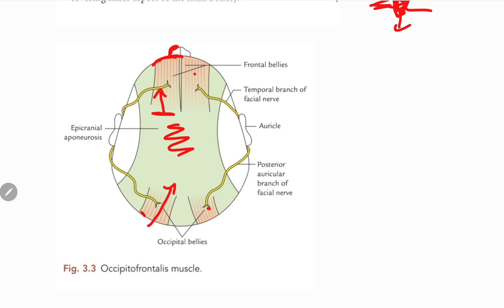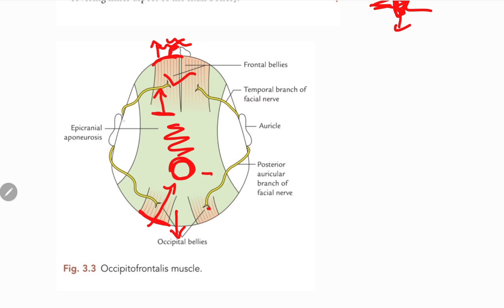Occipital bellies originate from the superior nuchal line and insert into galea aponeurotica. Actions: frontal belly elevates the eyebrows and produces wrinkles on the forehead. Occipital belly pulls the scalp backward and stabilizes galea aponeurotica.